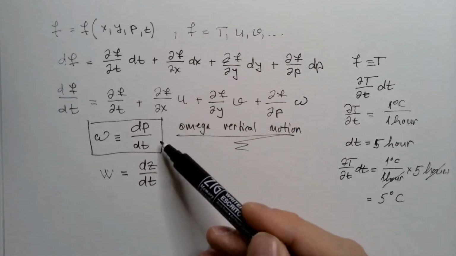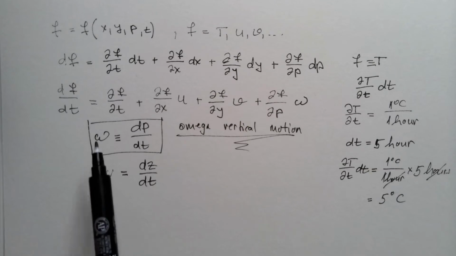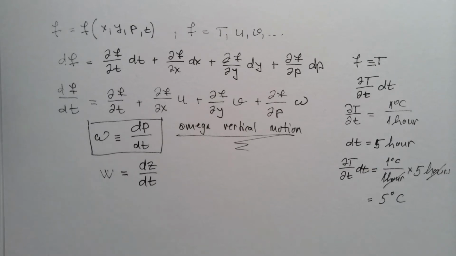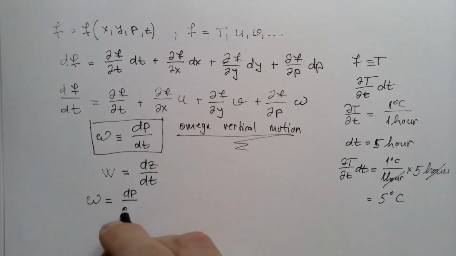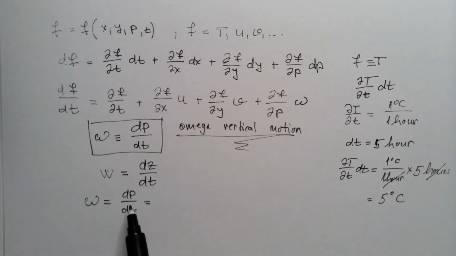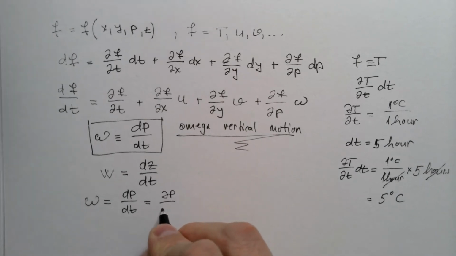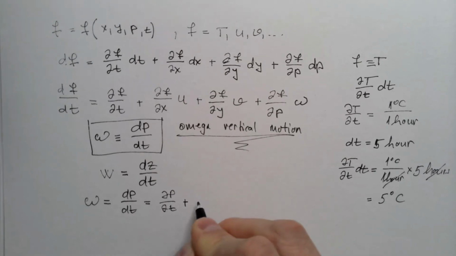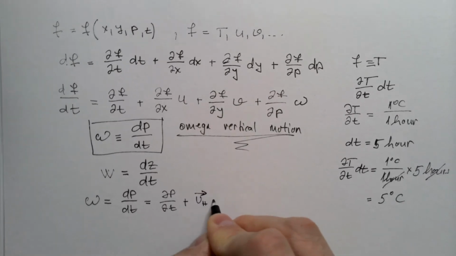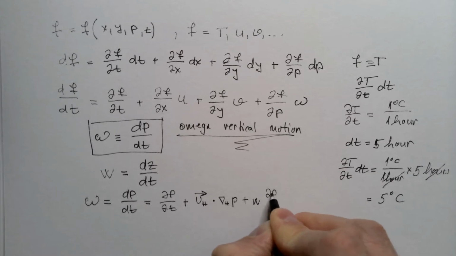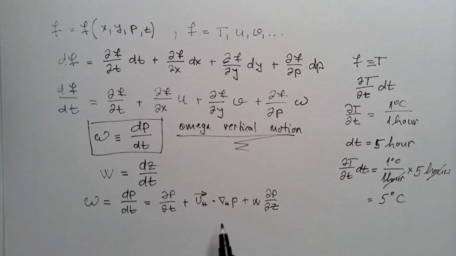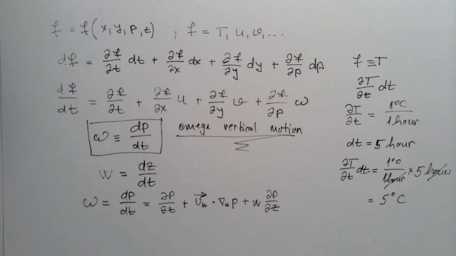Well, now when we wrote these two equations, let's try to find relationship between omega and W. From this equation, we can write that omega is dp/dt, that's just this equation, but dp/dt we can write using substantial derivative as ∂p/∂t plus u horizontal dot nabla horizontal p and plus w ∂p/∂z, where h stands for horizontal velocity and horizontal del operator.